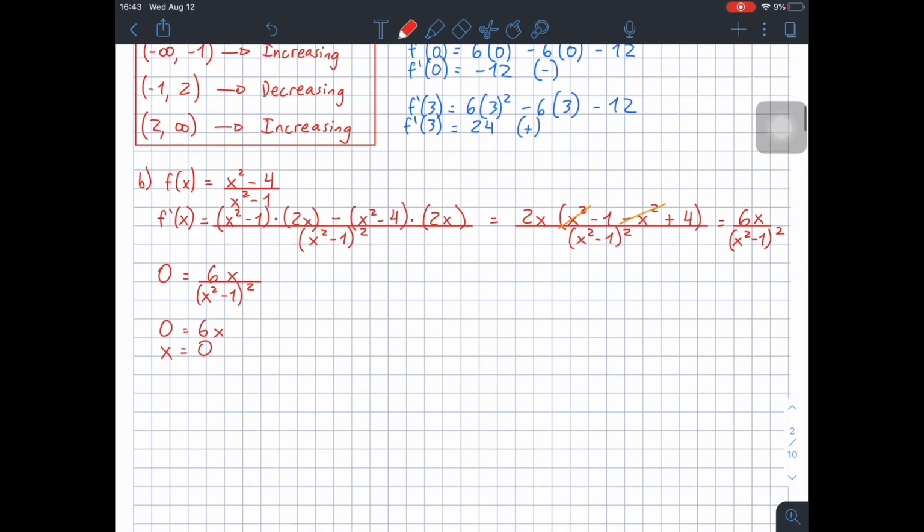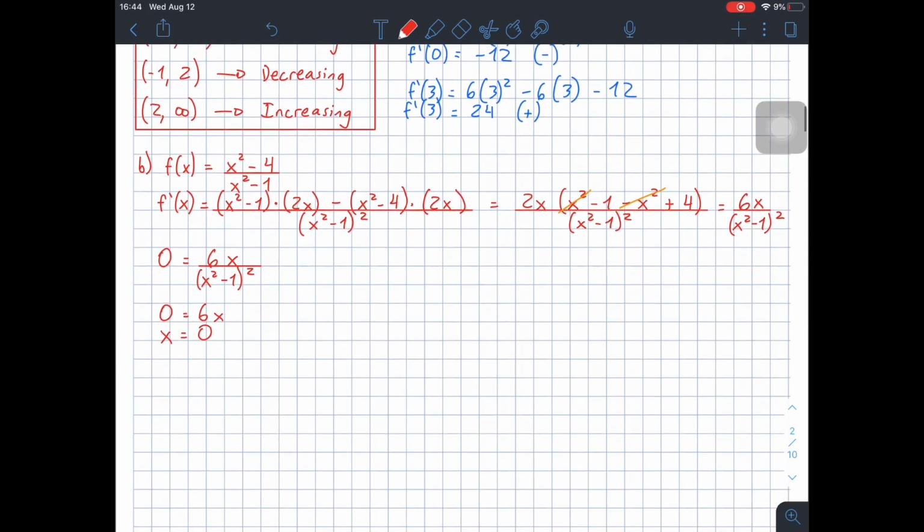But I should also consider what's happening in the denominator. I know for sure that x cannot be 1 or negative 1, because if it was 1 or negative 1, then by making 1 squared minus 1, I will get 0. And remember that any number divided by 0 is undefined, okay? So from that analysis, if I set the denominator to 0, I will get that x squared is equal to 1.